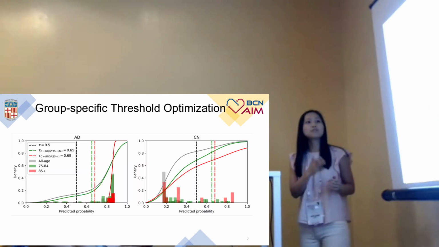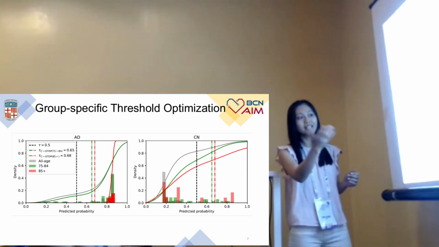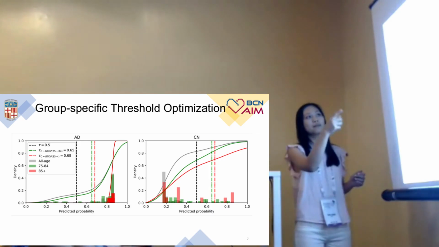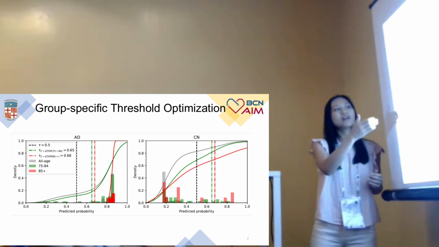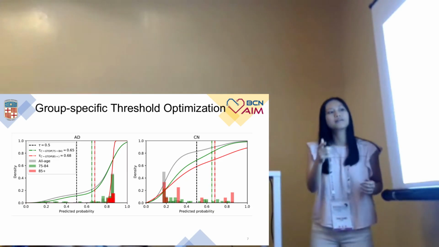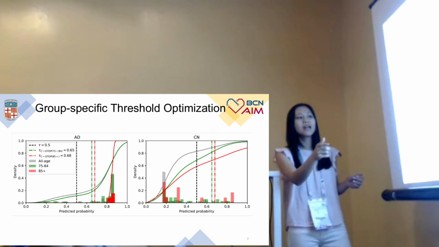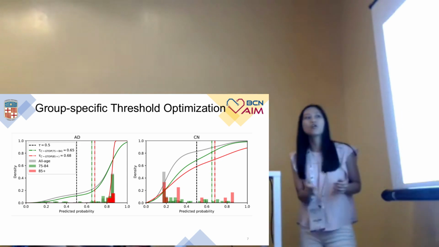This plot illustrates the histogram and the CDF of the AD and CN groups, segmented by all ages and the older age group. The vertical lines represent different thresholds: 0.5 for all age groups and the optimal threshold for the older age group.